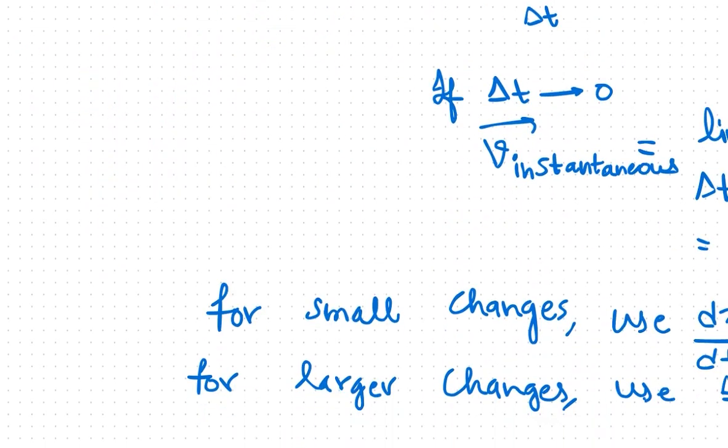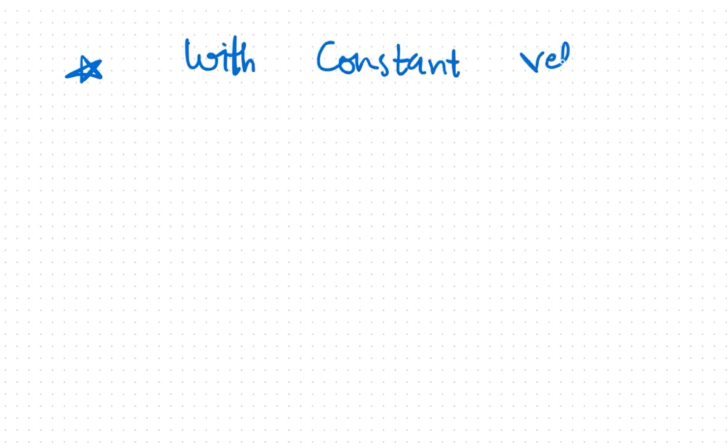So come to the next stage. We'll talk about graphs. Let's say a particle is moving with constant velocity. See, v is equal to a constant.